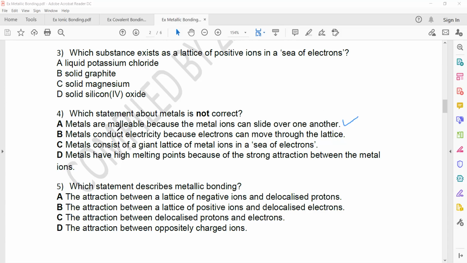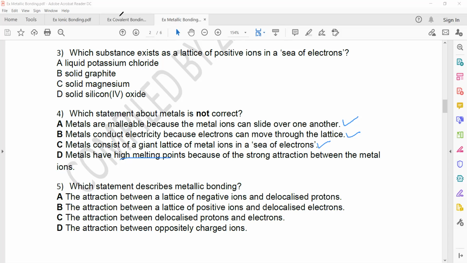That's true. Metals conduct electricity because electrons can move through the lattice. That's true. Metal consists of a giant lattice of metal ions in a sea of electrons. That's also true. Metals have a high melting point because of strong forces of attraction between metal ions.